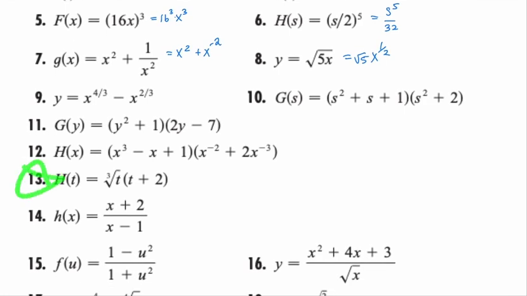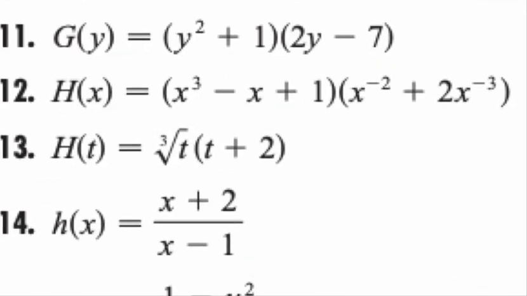I want to talk about 13. For 13, I would think about this as a 1/3 power. And you would either have to use the product rule, which is okay, because that is technically a multiplication. But to me, the most efficient way is to distribute that in.